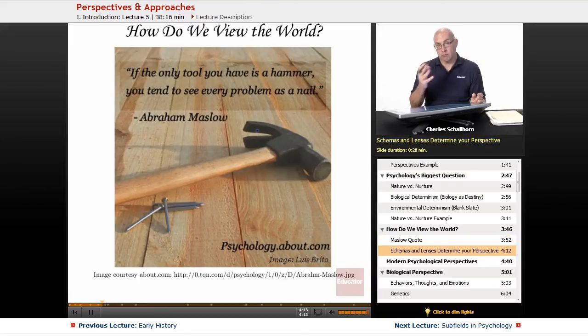Or what are your multiple schemas that you have about the world? What lenses do you use? What information do you allow to filter in to your brain and into your mind? What information do you not allow to filter into your brain or your mind? That's what perspectives in psychology do, they allow you particular bits of information that you focus on while ignoring or minimizing the impact of the others.